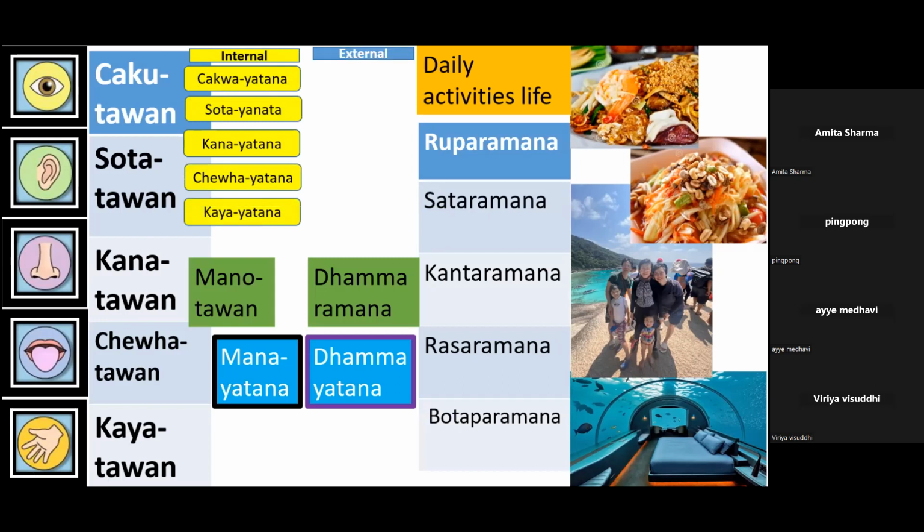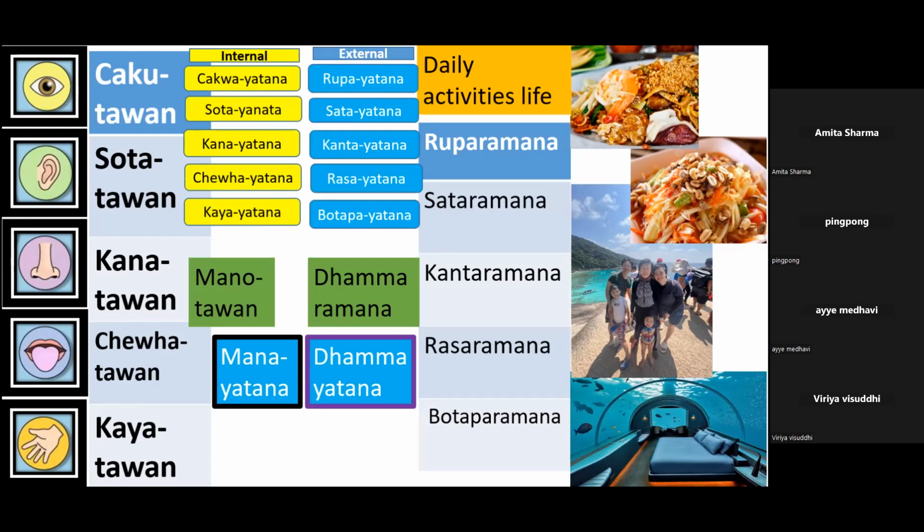And the external things are Rupayatana, Satayatana, Kandayatana, Rasayatana, and Bodhapayatana. And also, the thing that we cannot skip, very, very important here, is Manodawan. Manodawan is going to receive for the external Dhamma Ramana. And Manayatana, Dhammayatana. Okay, this is for that.